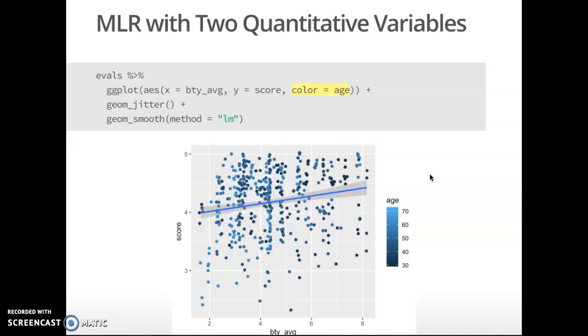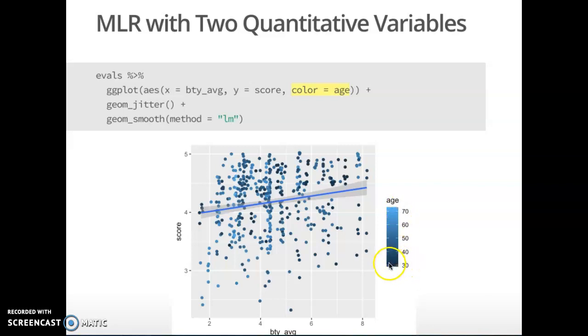So instead, if we think about incorporating tools that we've already explored, we can still color based off of the age variable, but instead of getting these sorts of discrete colors, we end up with this color gradient, where the lighter colored points represent professors who are older and the darker colored points represent professors who are younger.